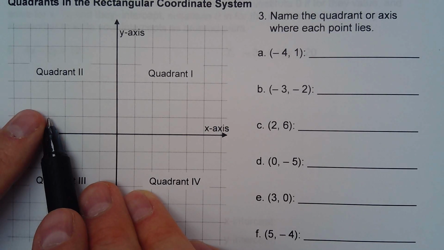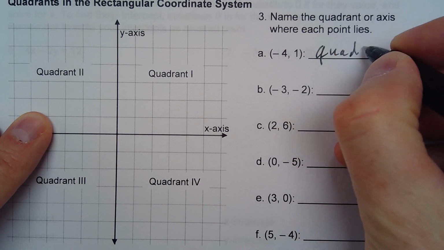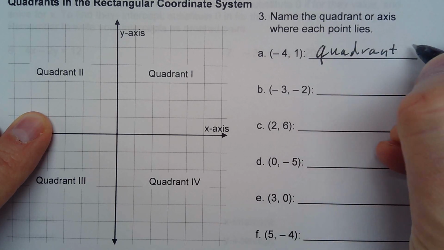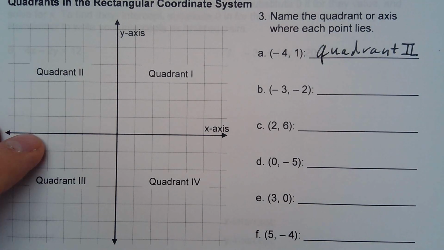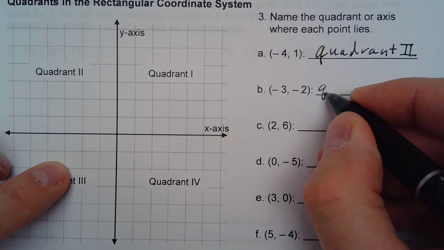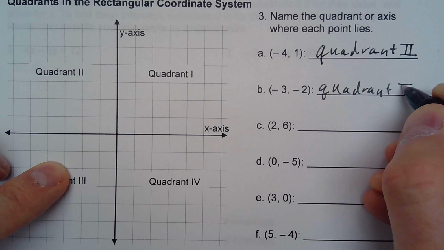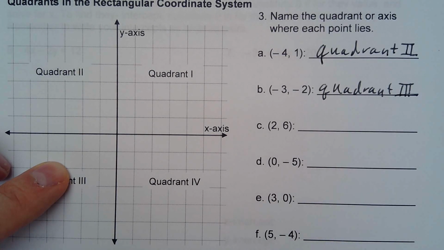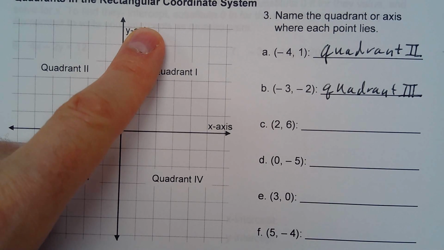That's going to be quadrant 2. Negative 3, negative 2, that's here, so that's quadrant 3. 2, 6, so x equals 2, y is 6. That lands us in quadrant 1.